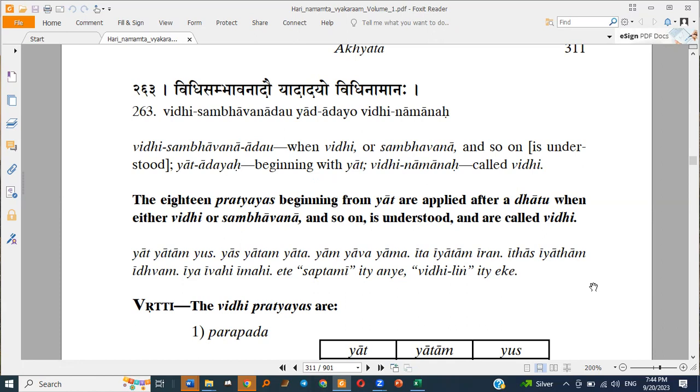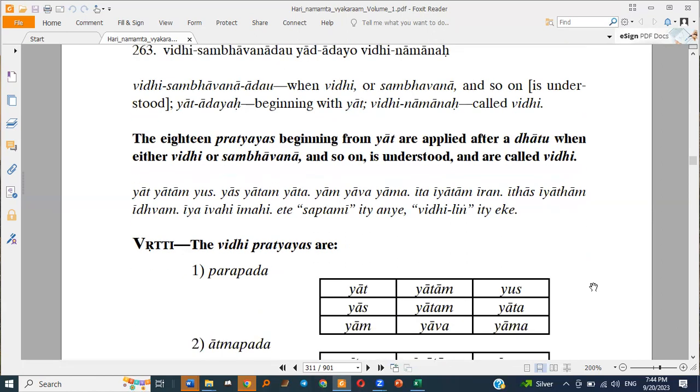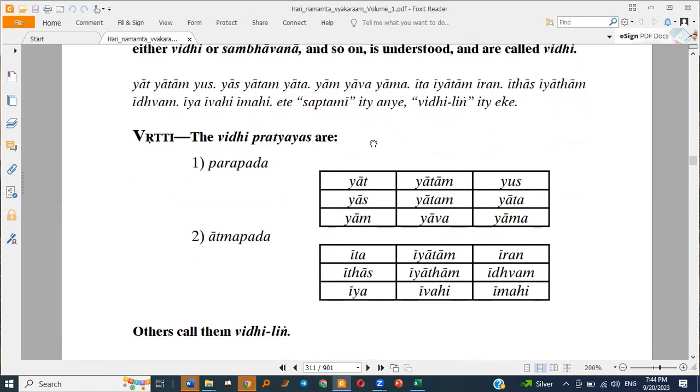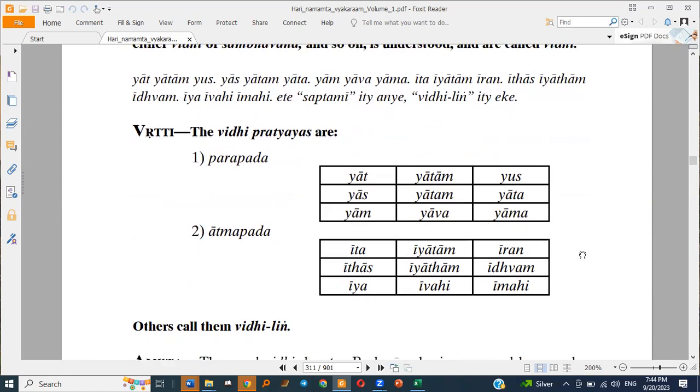So the next set of pratyayas are called vidhi. The first one was achyuta, which is lat in general. This is vidhi, and in Panini and other grammars they call it vidhi ling. These are applied in the sense of vidhi or sambhavana. These topics will be clarified more later.